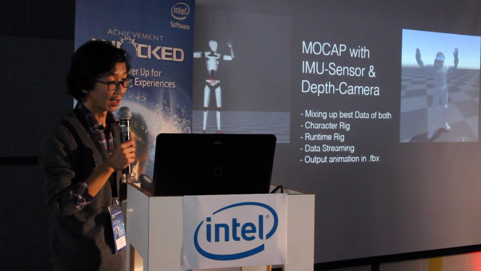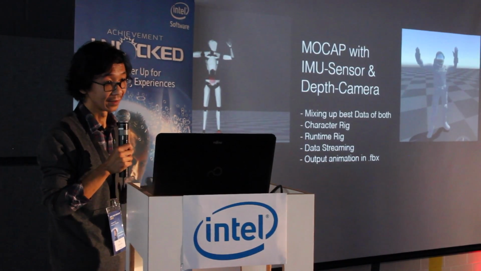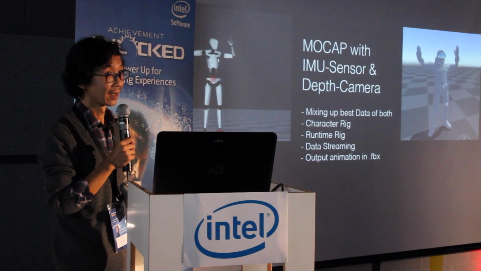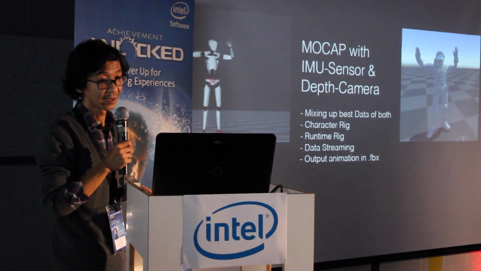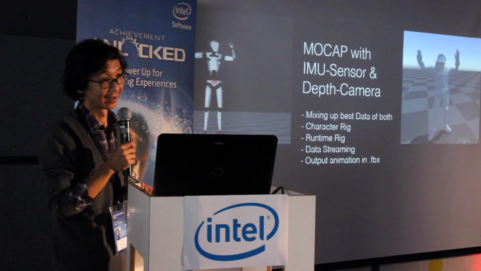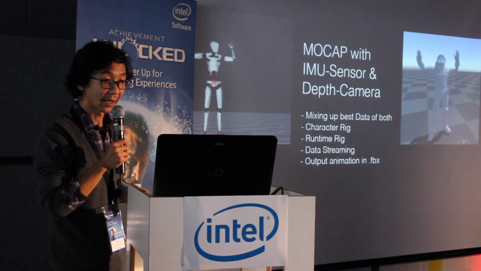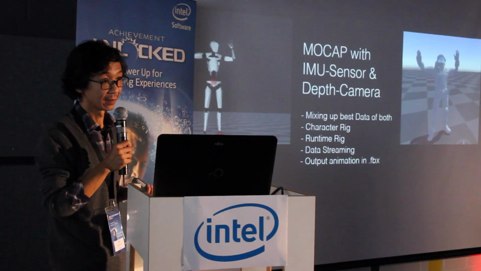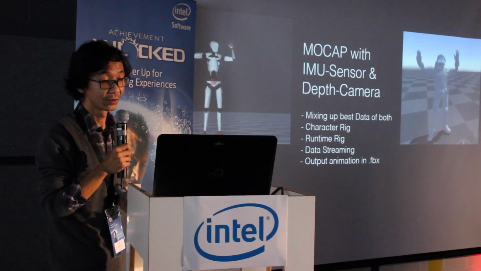So we use the sensor alternative to lower the price, but the result is actually not comparable with AAA production. So we have to improve the data, and in an optical tracking system with cameras, you get very accurate position tracking, and that is what the first system cannot do.